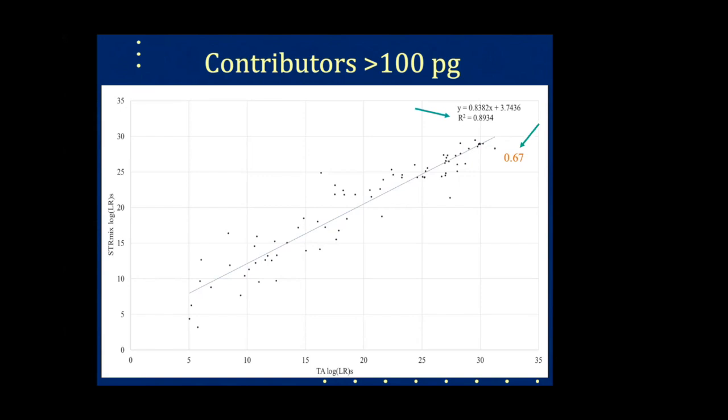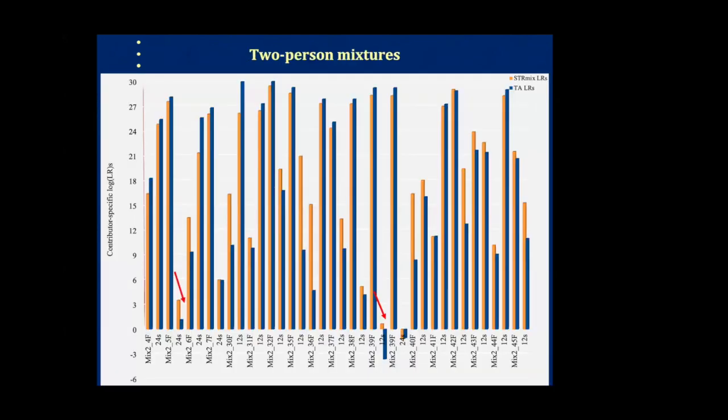Okay, next slide. Let's look at the actual log LRs generated. The log LR values are shown on the y-axis, and these are two-person mixtures, with all the mixtures listed on the x-axis, contributor 1, contributor 2, and so on. Again, STRmix is in orange, TrueAllele is in blue.